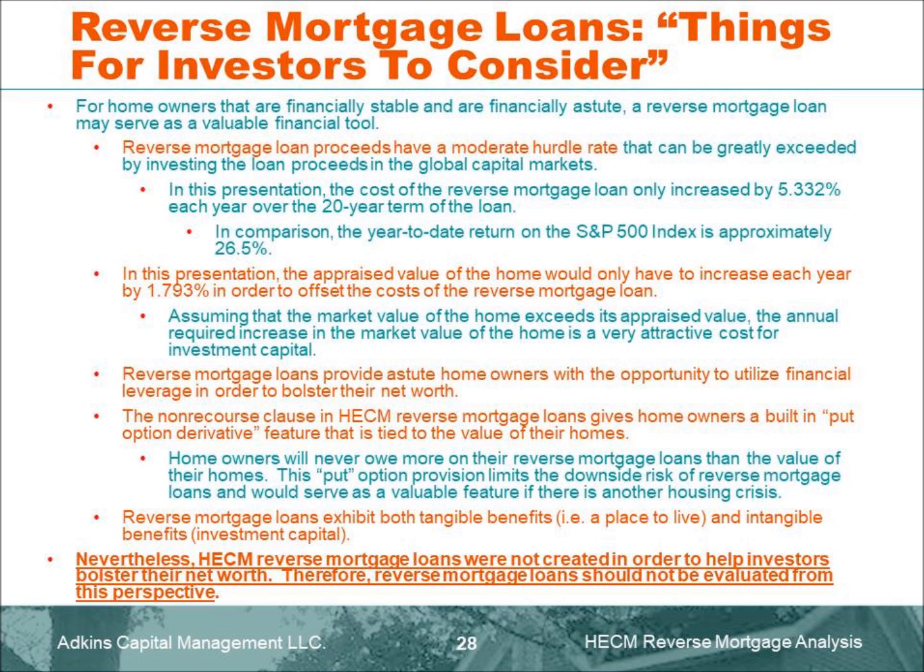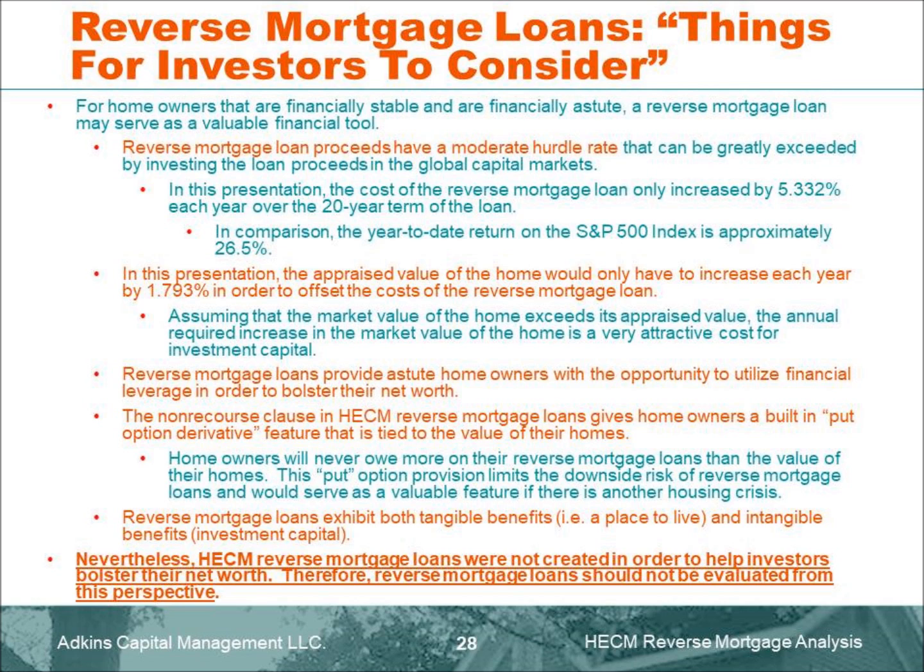In this presentation, the cost of the reverse mortgage loan only increased by 5.332% each year over the 20-year term of the loan. In comparison, the year-to-date return on the S&P 500 index is approximately 26.5%.